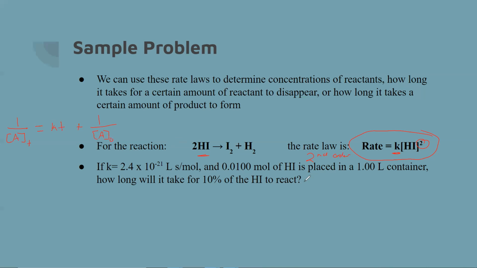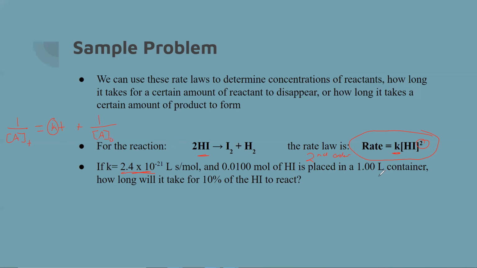So let's look at what we're given. We are given K. That's this number right here. So we know what number that is. And we know that 0.0100 moles of HI is placed into a 1 liter container.